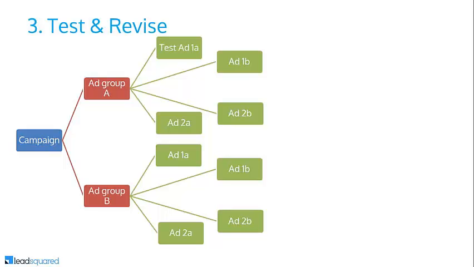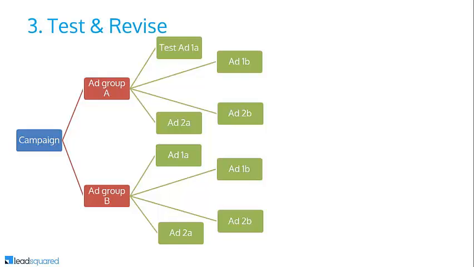For example, if you have a campaign and you have 2 ad groups in that campaign, initially you can create 4 ads, 2 of a similar kind, like test ad 1A and ad 1B. They are similar to each other, but when you run them for a month and get the report, you can know which ad is performing the best.